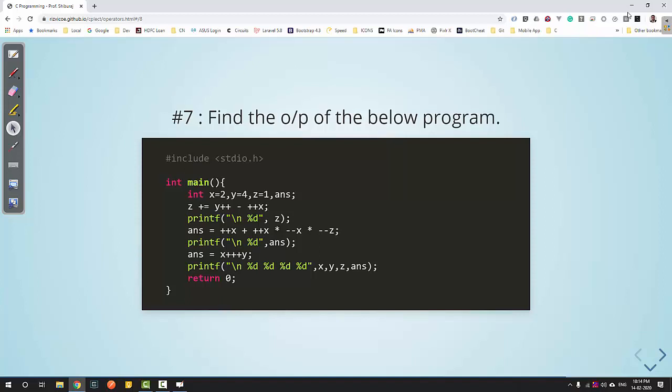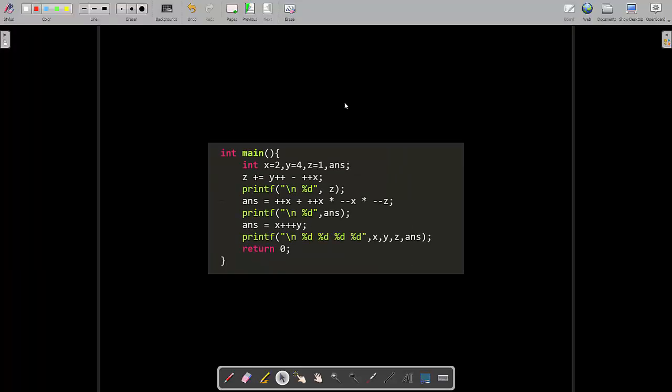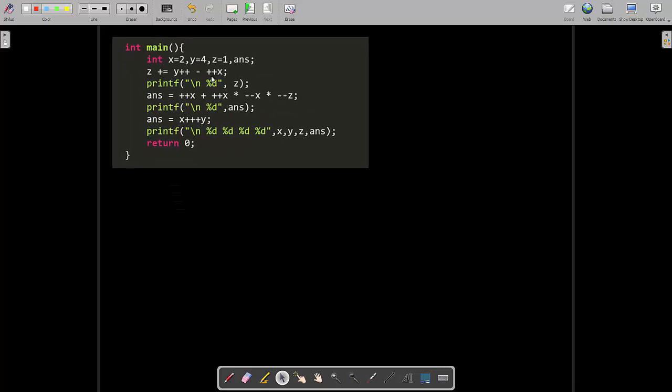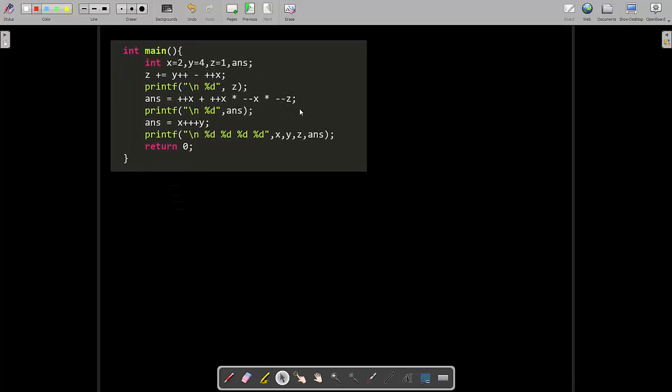So let us take this onto the board. In this particular example, again we have certain values for x, y and z, and we have three expressions, and we have to find the values of these particular variables during the printf statements.